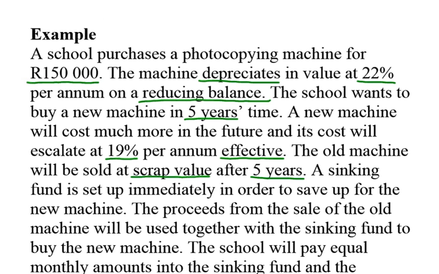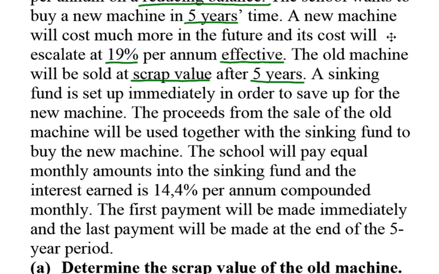So we set up a sinking fund. A sinking fund is set up immediately in order to save up for the new machine. The proceeds from the sale of the old machine will be used together with the sinking fund to buy the new machine. The school will pay equal monthly amounts into the sinking fund, and the interest earned is 14% per annum compounded monthly.